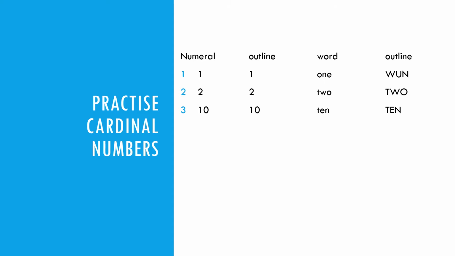To get 10, you use the S and the number bar as well as the O. To write the word 10, you write it T-E-N. Now write 11. You write the 1 and then you go back for the 1 again.